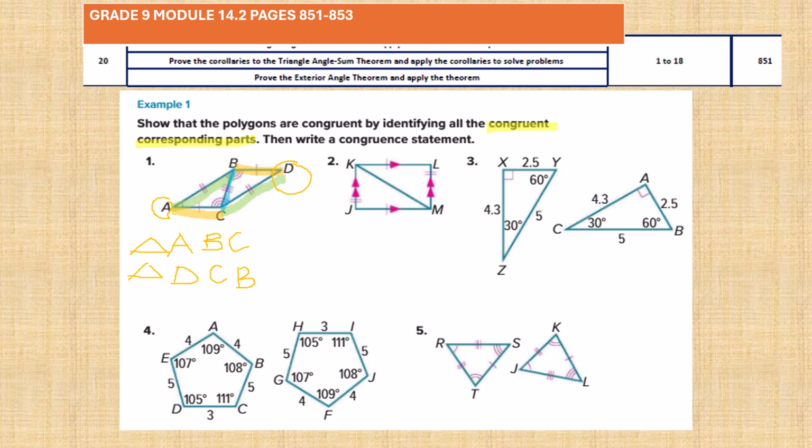What is the sign for congruent? It is the equal sign with a little wave above.